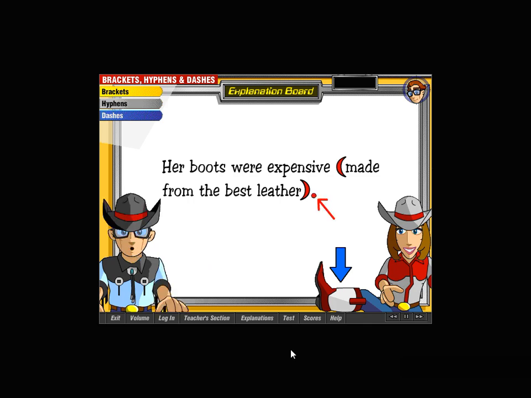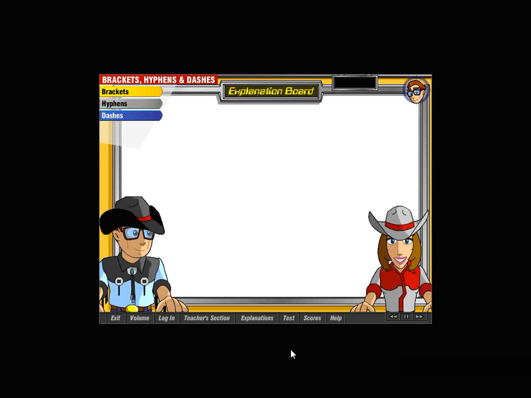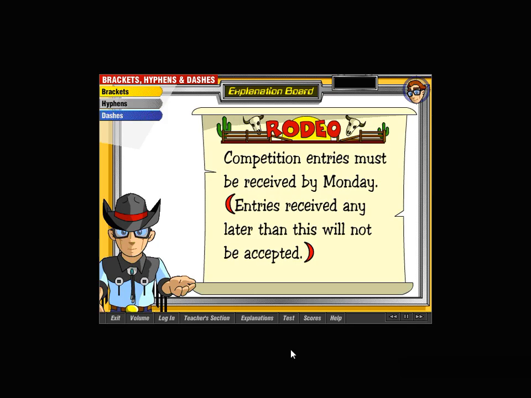It ends the entire sentence, not just the information inside. But if the brackets enclose an entire sentence, then the punctuation goes inside the brackets, because the brackets enclose all the information.